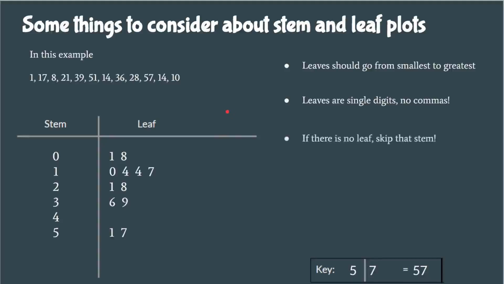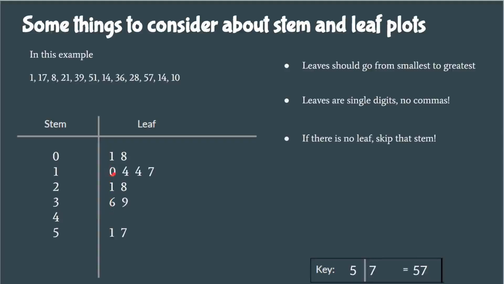If there is no leaf, skip that stem. So if you look over here, down here my key says that this is a 50 and a 7, so 57. Notice I have 0, 10, 20, 30, 40, 50. Well, notice on the 4 here, the 40, I have nothing.